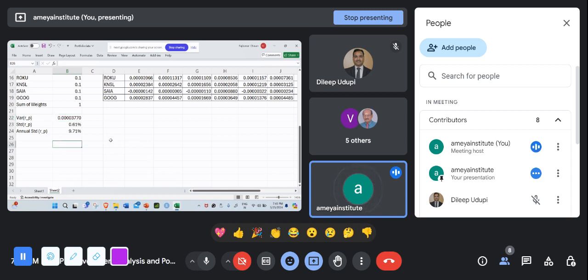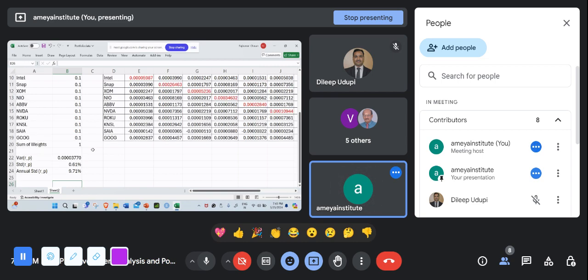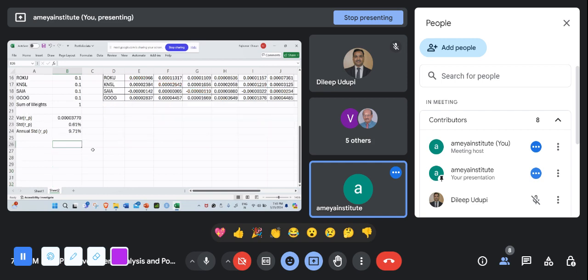If others got the same answer as what we got, shall we go on to the next one? Yes. So then what is portfolio return?